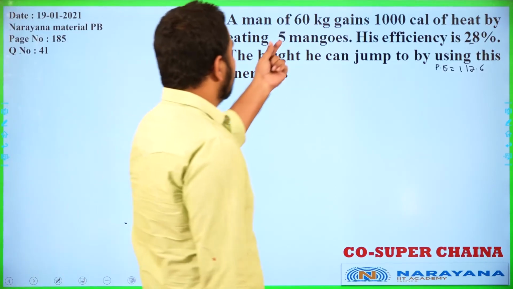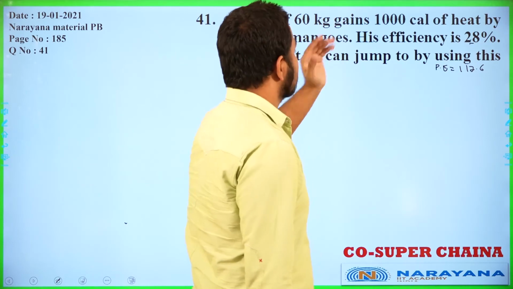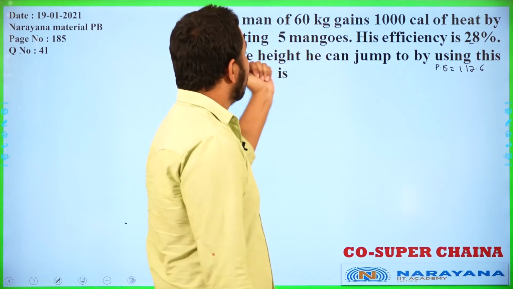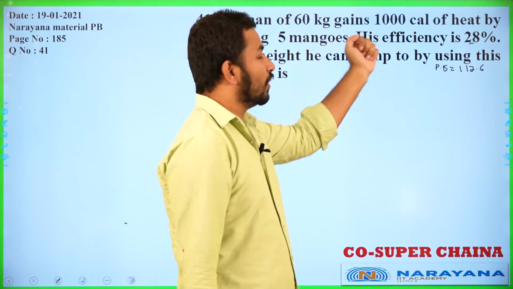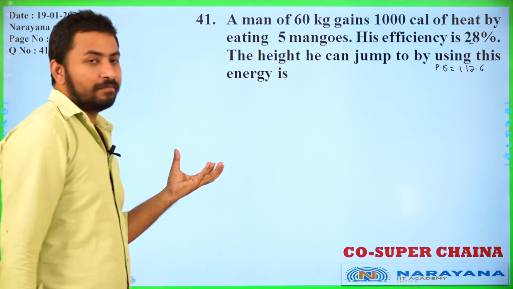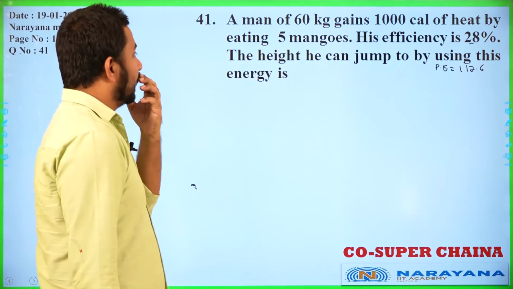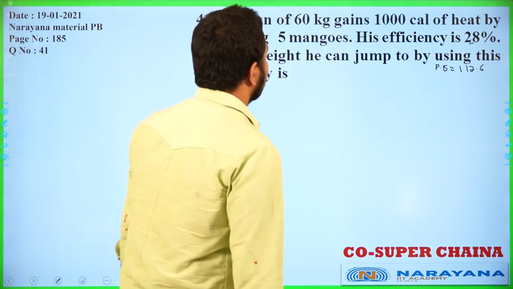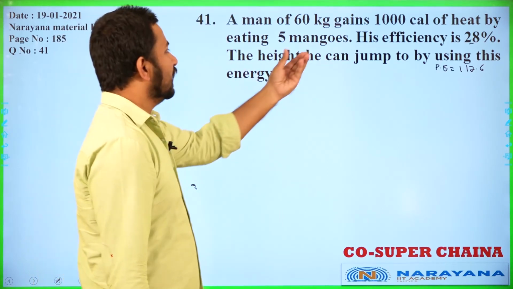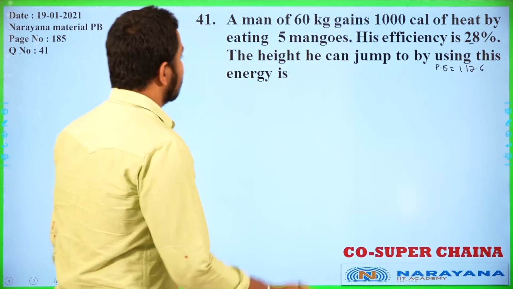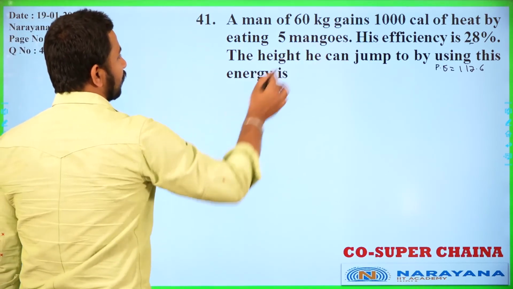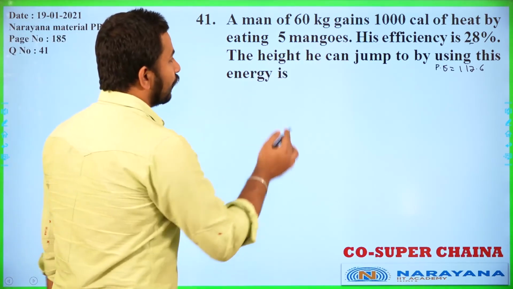A man weighing 60 kg eats 5 mangoes and gains 1000 calorie. His efficiency is 28%. So when he eats 1000 calorie, how much energy can he use from there? 28% of 1000 will be 280.